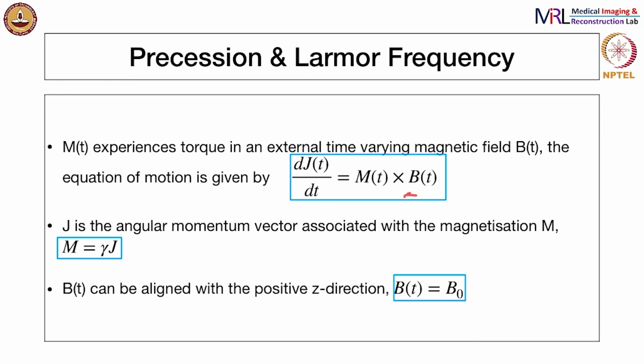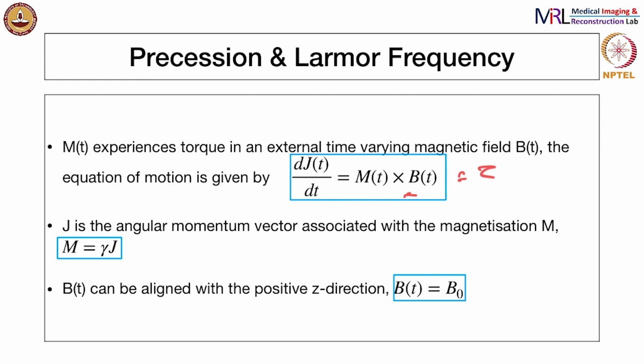If you have studied some high school physics, you have seen that if a current carrying loop is put in a magnetic field, it experiences a torque. It's very similar to that. The rate of change of angular momentum, which is the torque, dJ by dt, is basically the cross product of the magnetization and the applied static magnetic field. This comes from basic electromagnetism, so we can write this expression: dJ by dt is M cross B.